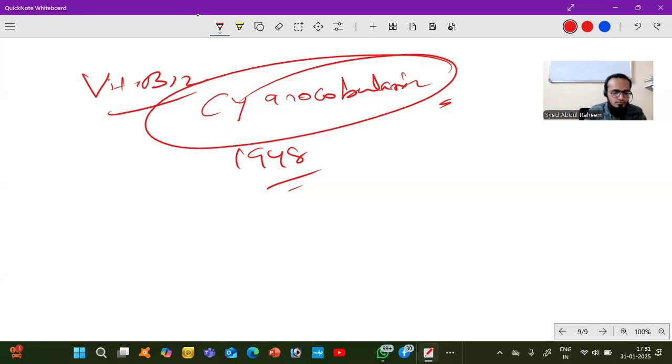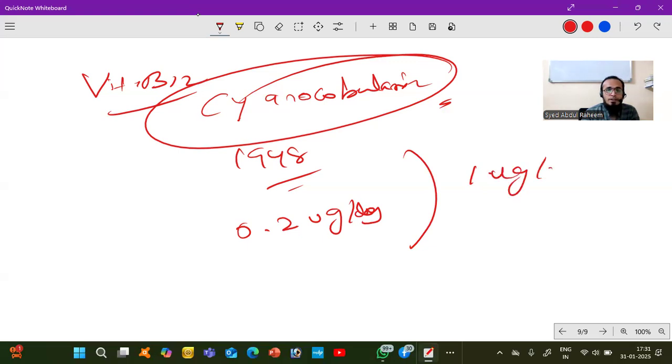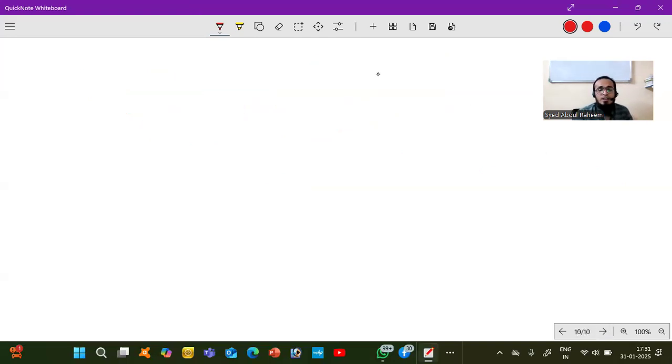Okay, this is the important thing. So how much amount do we need? Infants and children 0.2 microgram per day. Adults 1 microgram per day. Pregnancy and lactation 1.5 micrograms per day. Okay, these are the recommended daily allowance.